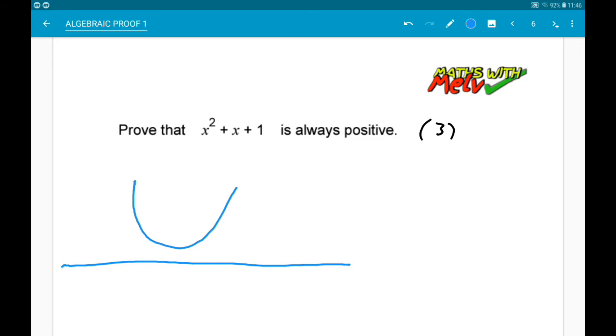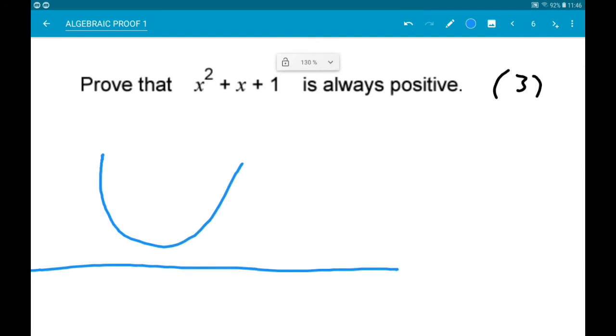On the x-axis, the value would be 0. Below the x-axis, the value would be negative. So what we need to do is find, in particular, the y-coordinate of the turning point, the minimum of the graph, which is the minimum value of the expression.